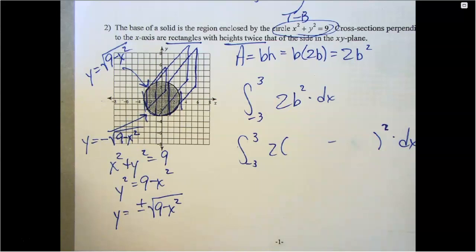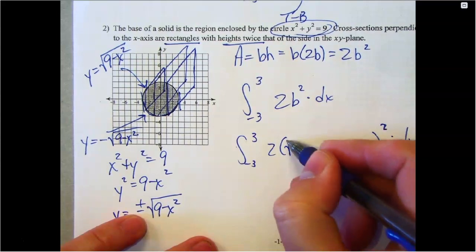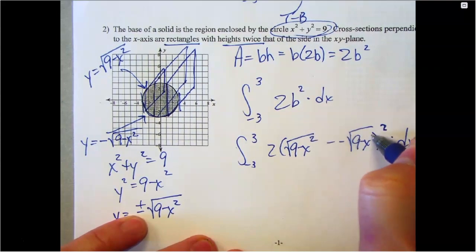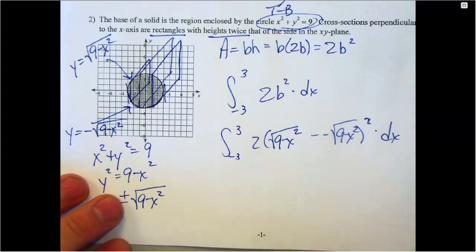Does that make sense? I'm just splitting one circle equation into two equations so I can get the top and the bottom. So the square root of 9 minus x squared goes here, and the negative square root of 9 minus x squared goes there. Then you can type it in.